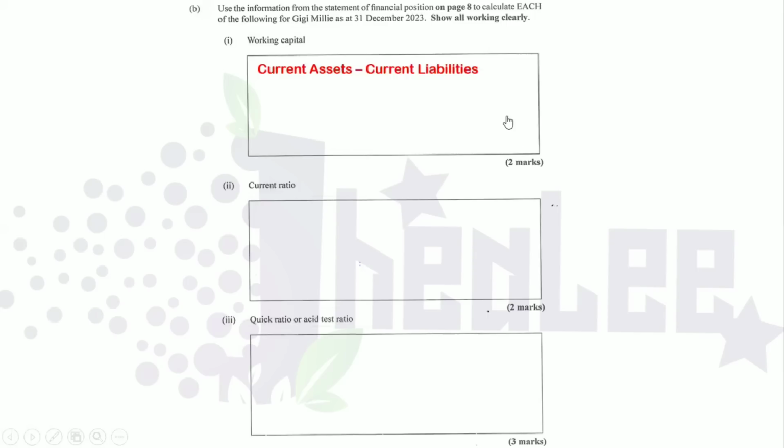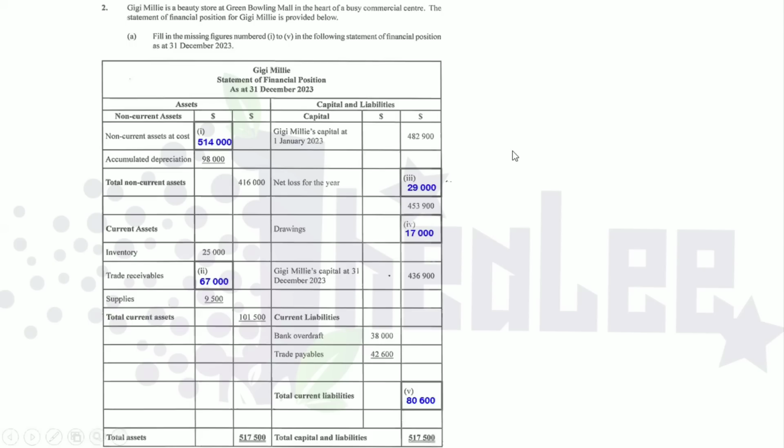Now, we have to go back to the question to find out what is the value for current assets and what's the value for current liabilities. So let's do that. From the question, the balance sheet, our total current assets is 101,500 and our current liabilities is 80,600. We're going to use those to determine our working capital.